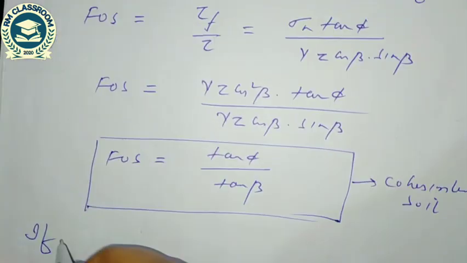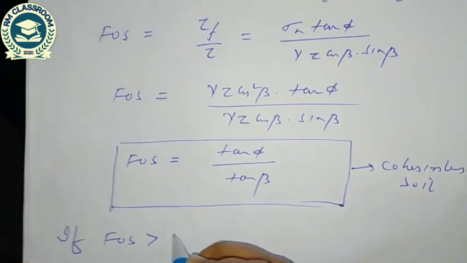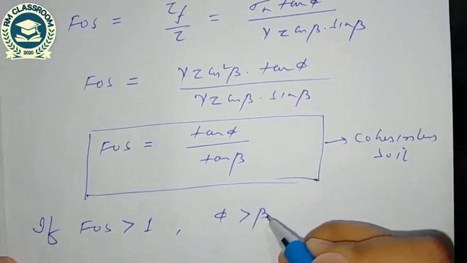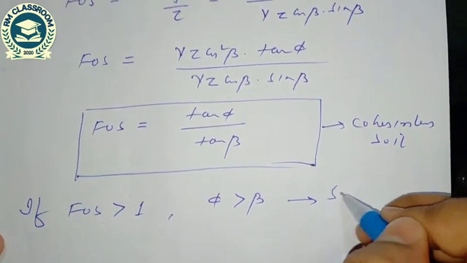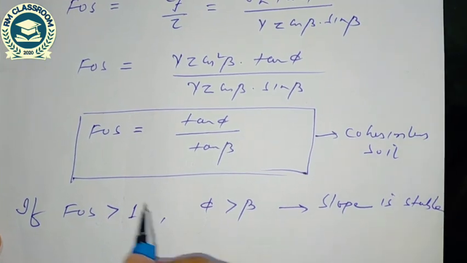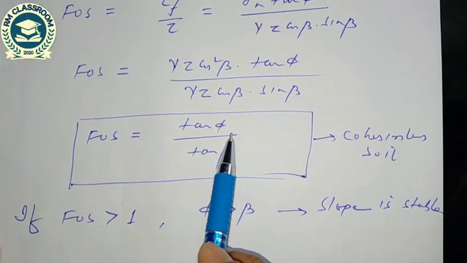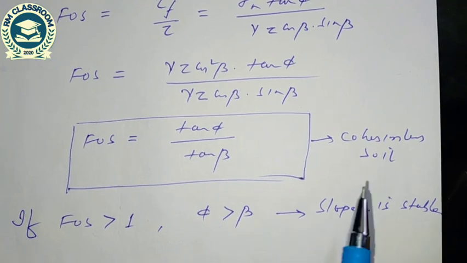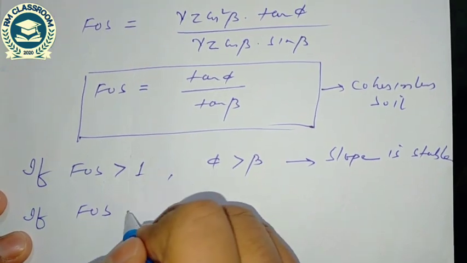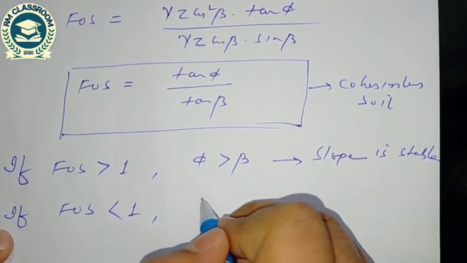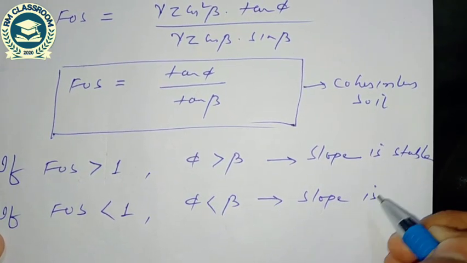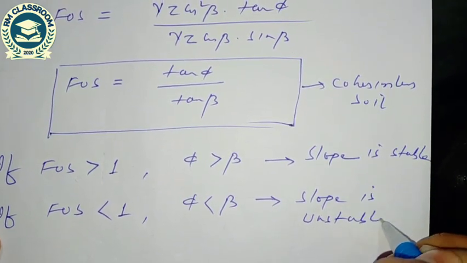So if factor of safety is greater than 1, means phi is greater than beta, then such type of condition is called slope is stable. When factor of safety is greater than 1, tan phi is greater than tan beta, so phi is greater than beta. If factor of safety is less than 1, means phi is less than beta, so slope is unstable.